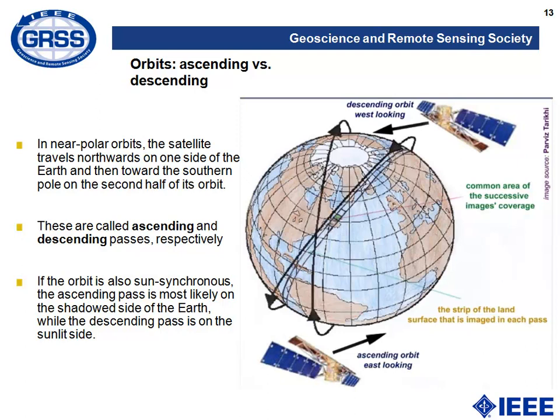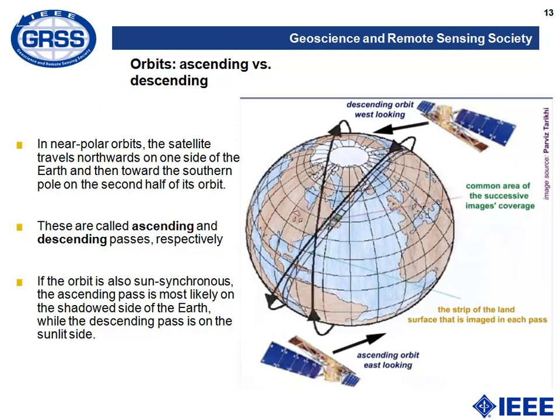So we have two passes, an ascending one and a descending one. The ascending pass is most likely on the shadowed side of the Earth, while the descending pass is on the sunlight side.